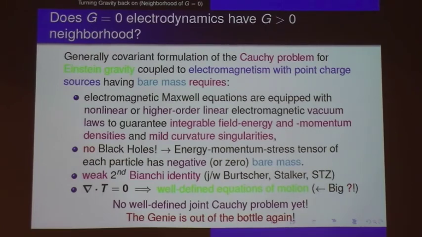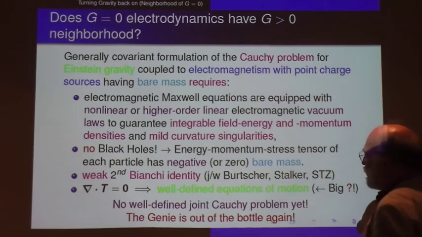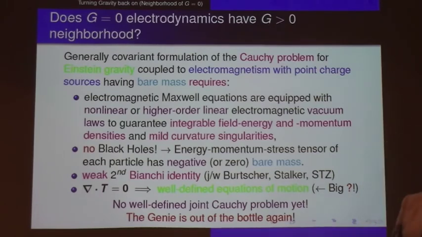That was a surprise to me, because many of the strange things that happen in general relativity, horrible space-time singularities when you couple Maxwell's equations, you get the idea that they come from the fact that you have a non-integrable energy momentum stress tensor coming from electromagnetism. And if that is your source term for the curvature of space-time, you shouldn't be surprised that you also have horrible singularities in the space-time then.